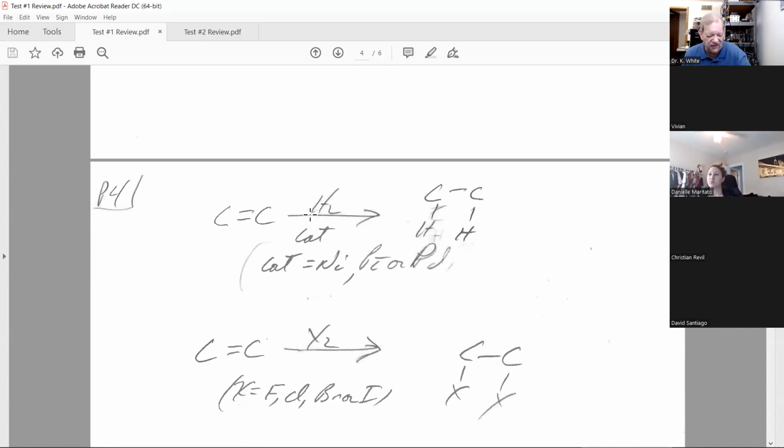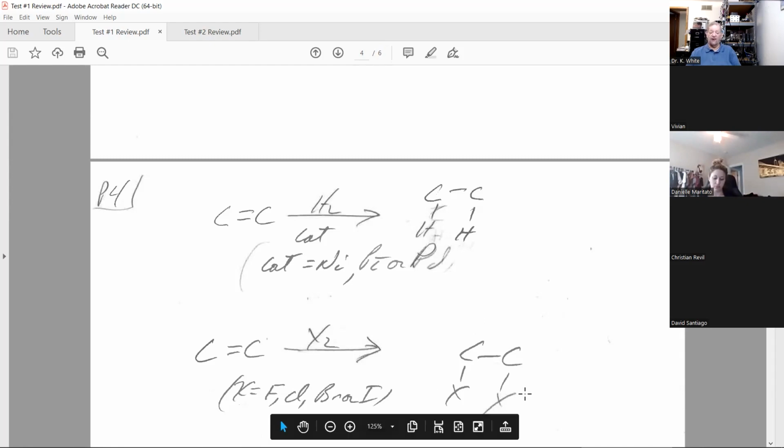And so the first reaction I taught you was, you take a double bond in any molecule, react it with hydrogen and a catalyst, and the catalyst can be nickel, platinum, or palladium. You break the pi bond, and each carbon gets a hydrogen. And this was the first time I taught you about the other important thing, which I will now do.